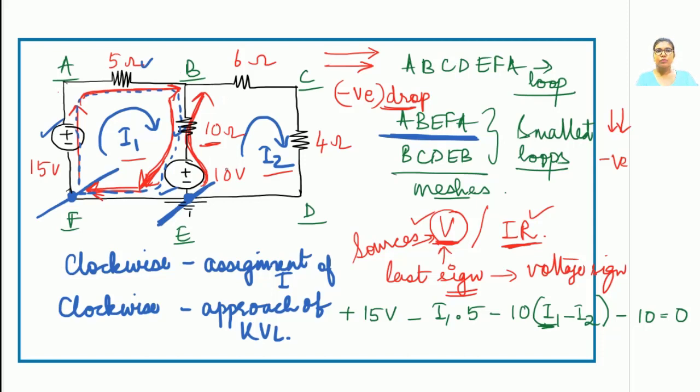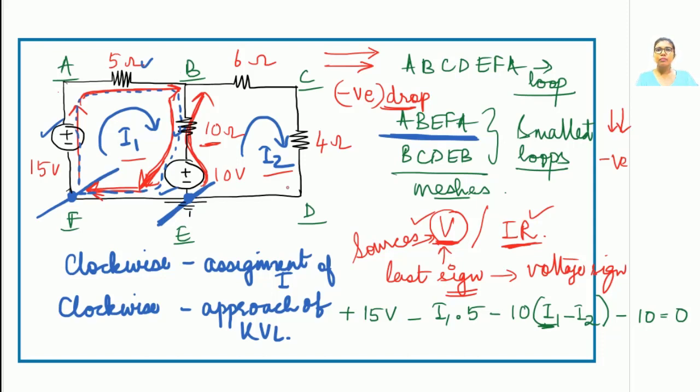Now see, the concepts whatever we learned right now, how to write the voltage equation and how to write the current multiplied with the resistor equation, would remain the same for any number of loops that we have. The only thing that you have to remember is, if it is a voltage source, the last sign encountered will be given as the voltage value, and if it is a current source, then you have to check your direction of analysis and the direction of current.